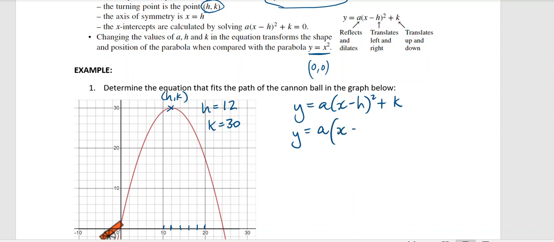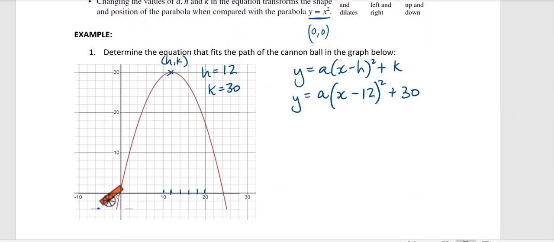But I can substitute into this formula, h being 12, squaring here, and k being 30. So far I've already got some marks, if this was an exam, for just doing that part. It's a minus here because that's what the formula says to do, so just leave it like that.